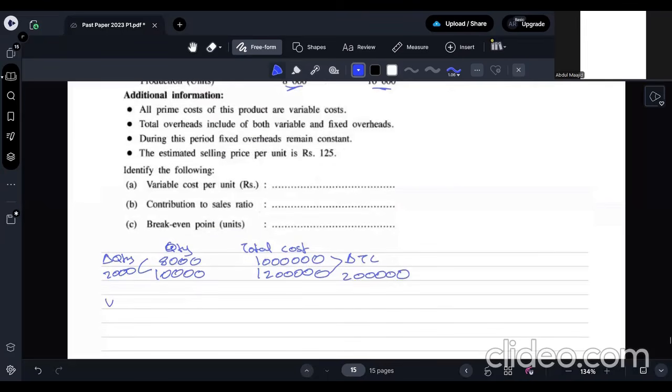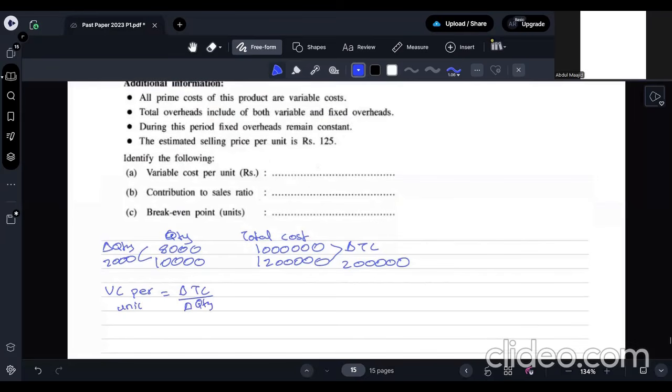You can find variable cost per unit equals change in total cost divided by change in quantity. Total cost is changing by 200,000, quantity changing by 2,000 units. Then variable cost is rupees 100 per unit. So variable cost per unit is 100.